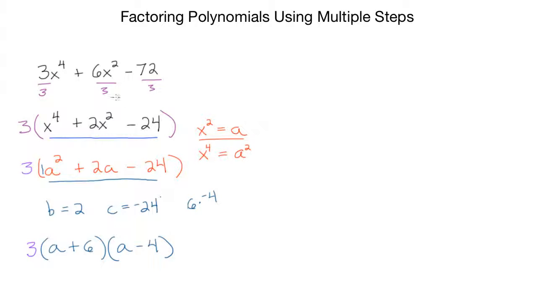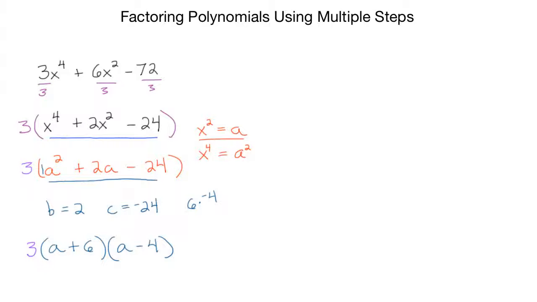But we're not done, right? We still have to make an equivalent polynomial. So we've got to go back and re-substitute what we substituted earlier. So anytime there's an a, I need to put back an x squared in there. So let's rewrite now.